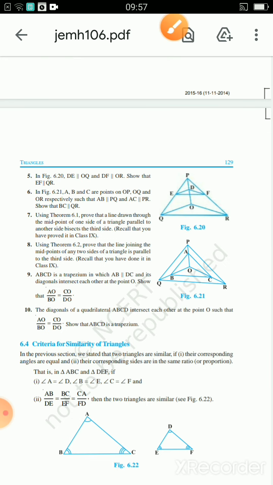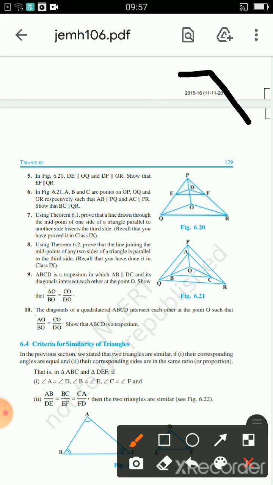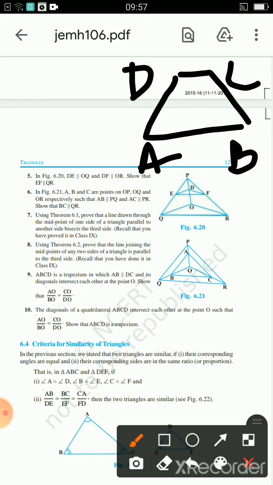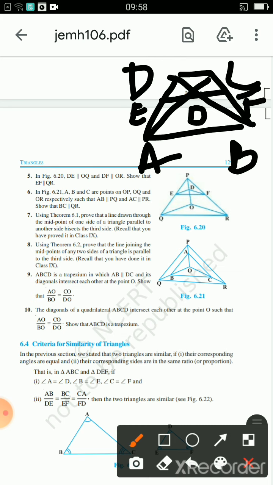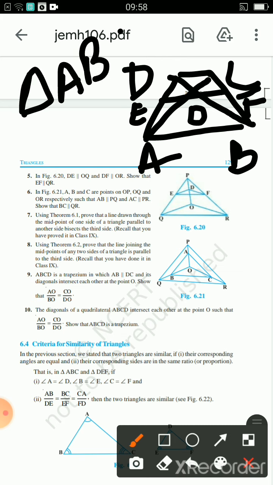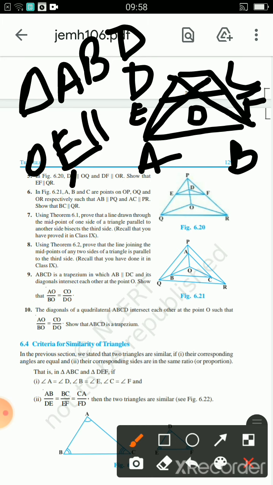Now we take another triangle ABD. In triangle ABD, since we have taken EF as parallel, we have constructed EF, so we can say that now OE is parallel to AB.